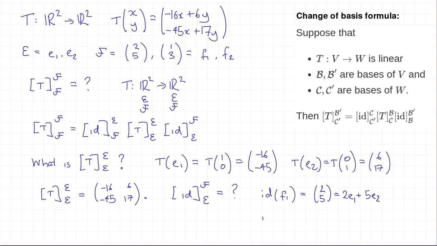And similarly, the identity of f2 is just f2 again, which is the vector (1, 3), so that's 1e1 plus 3e2. So the identity has matrix with respect to initial basis F and final basis E, (2, 1; 5, 3). In other words, its columns are just f1 and f2.